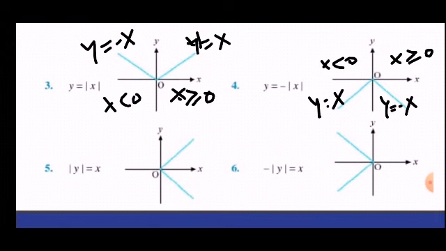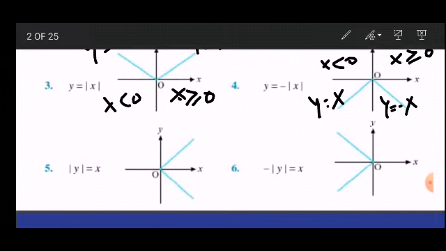Two more graphs, if you see over here. That is mod y equal to x. What is mod y equal to x? Here y changes its behavior. If y is positive, then y is to be considered as y, so y equal to x, and here the line becomes y equal to x.